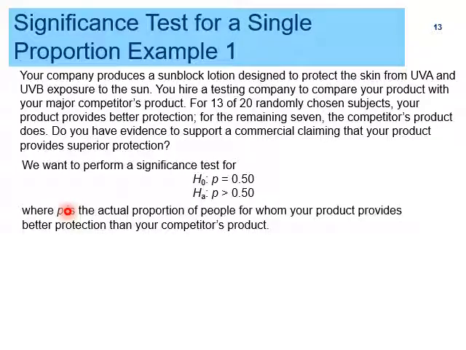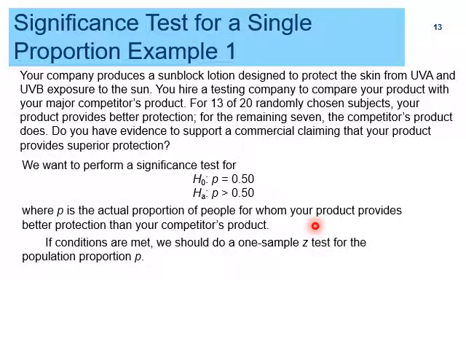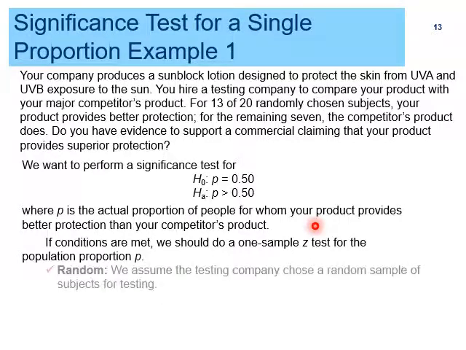The null is p is equal to 0.5, whereas the alternate is p is greater than 0.5, where p is the actual proportion of people for whom your product provides better protection than your competitor's product. So for that, if conditions are met, we should do a one sample z-test for the population proportion p.